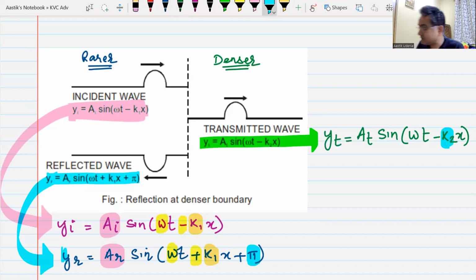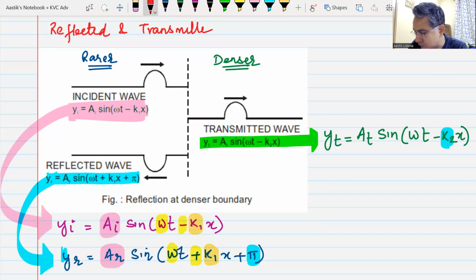Because the medium has changed. So this is what happens when waves are getting reflected and transmitted. Do we understand this? Yes, sir.